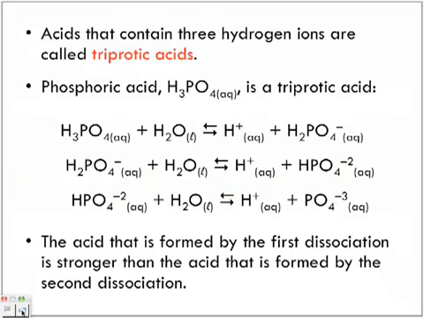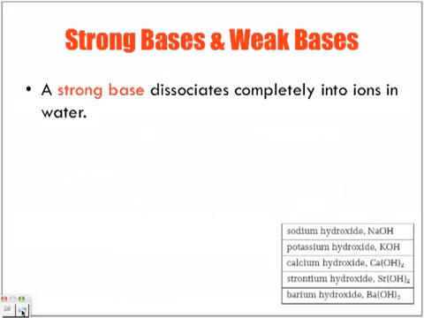The acid formed by the first dissociation is stronger than the acid formed by the second, and then by the third. The third would be the not as strong. The first one's always the one more likely to happen, and the others are usually reversible.